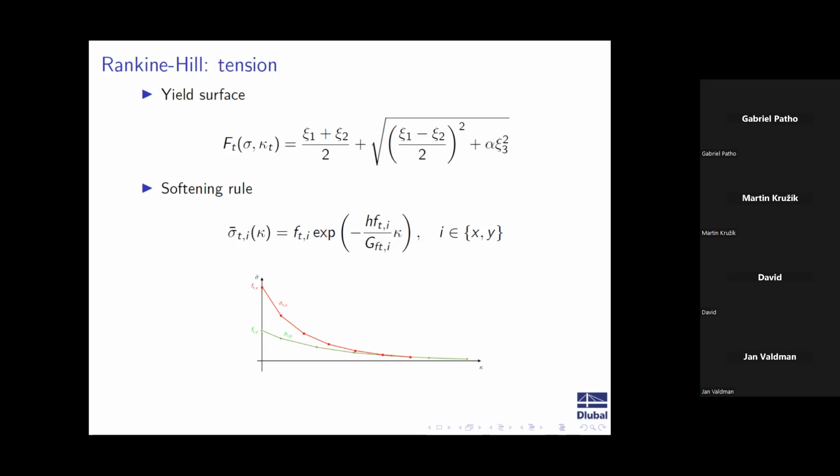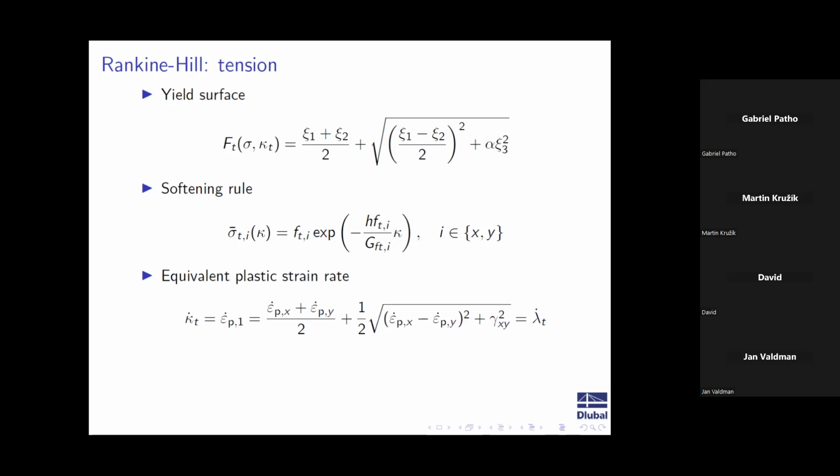Sorry, I forgot to mention what this h is. This is my equivalent length of the finite element. So you take the square root of the area of the element. Quite easy. And we need the equation for the equivalent plastic strain rate, which is the principal plastic strain in the theory, which will equal my plastic multiplier in case we assume non-associated plastic flow.